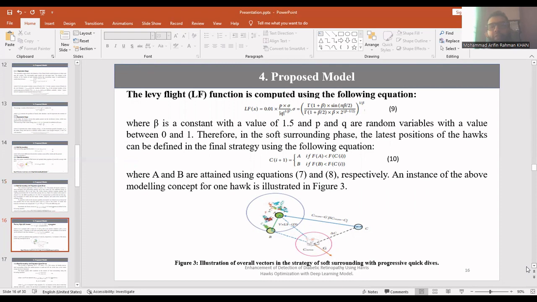Therefore, in the soft surrounding phase, the latest positions of the hawks can be defined in the final stage using equation 10, where capital A and capital V are attained using equations 7 and 8 respectively. An instance of the above modeling concept for one hawk is illustrated in figure 3.